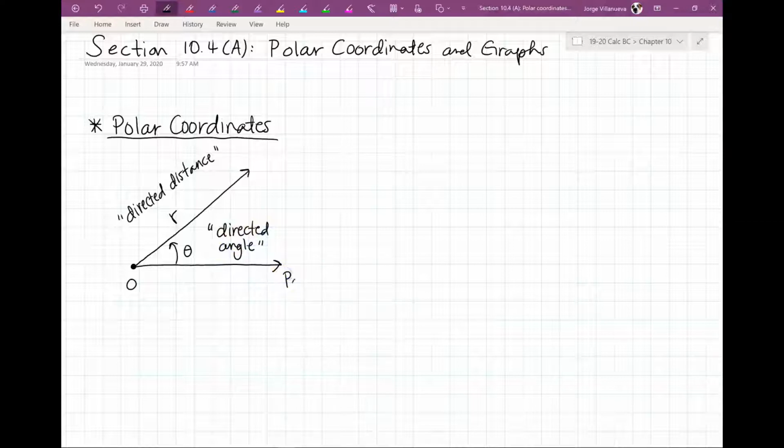We'll call the x-axis our polar axis. And then if we happen to have a point, let's call it P, we're going to label it r theta.